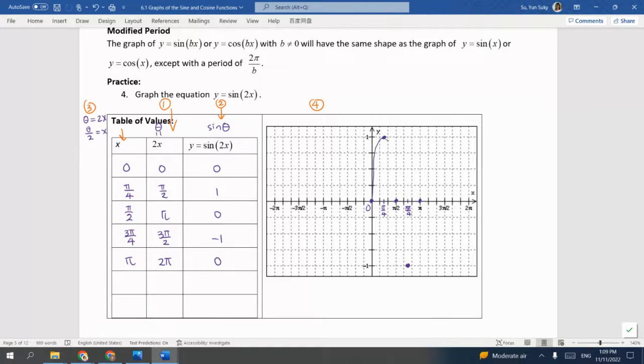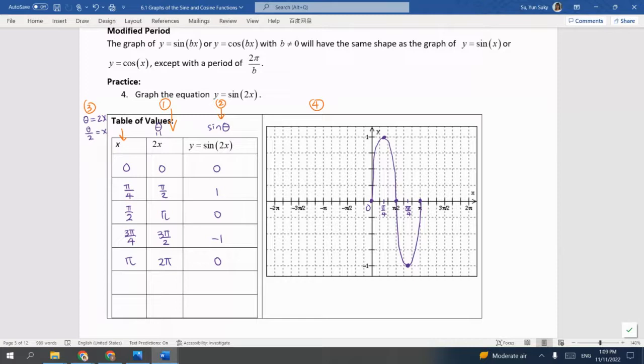And then we connect them smoothly. So this is one period of the function. And usually the problem will ask you to draw two periods. So you draw another copy here or here, up to you. What do you want? Do you want to draw the left or the right?